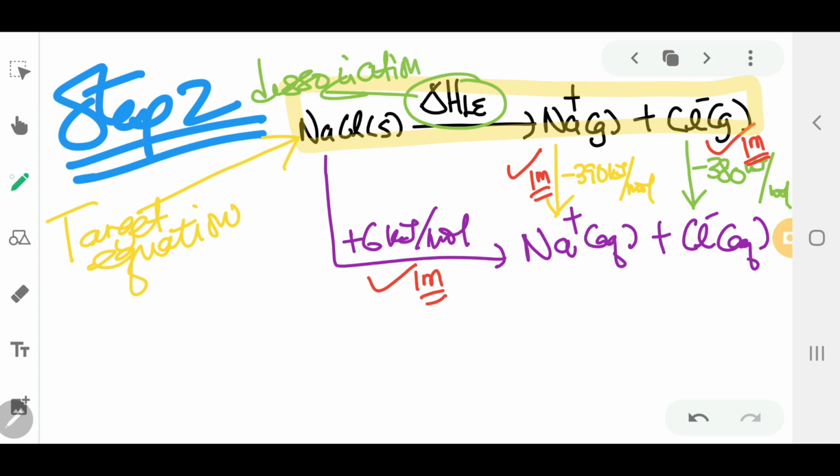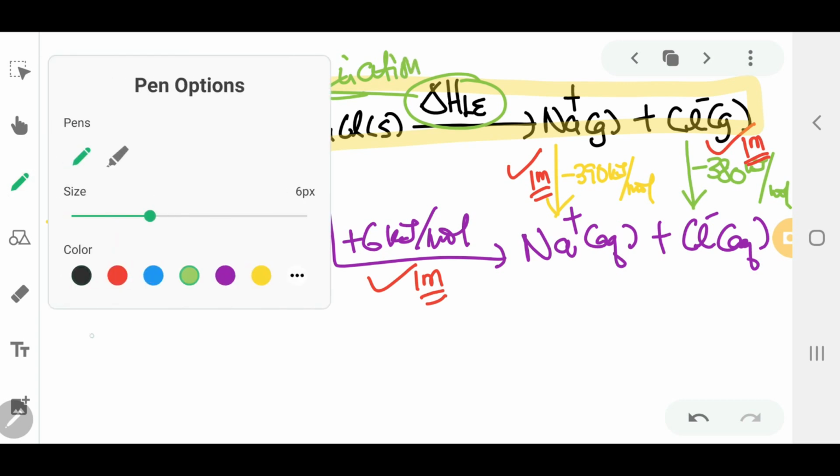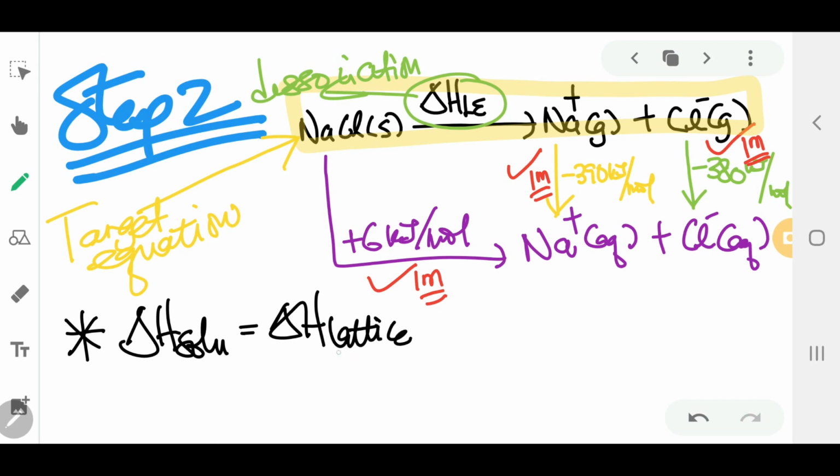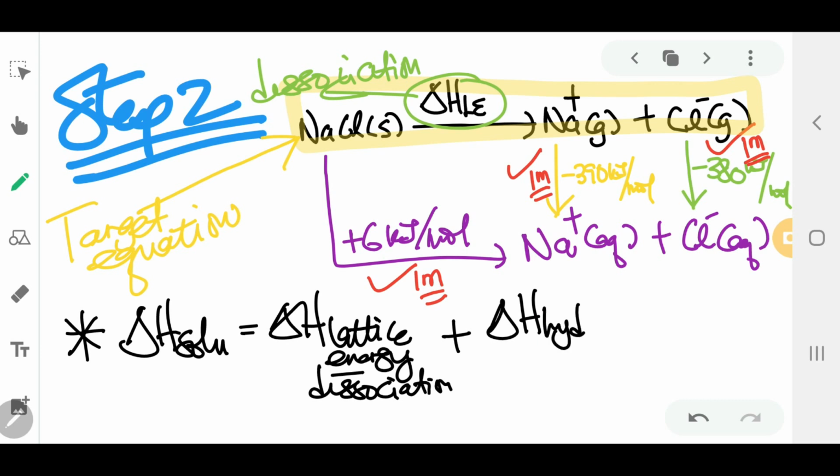So when that is dissociation, the formula that we're going to be using is, the solution now equals to delta H lattice energy dissociation plus delta H for the hydration process.